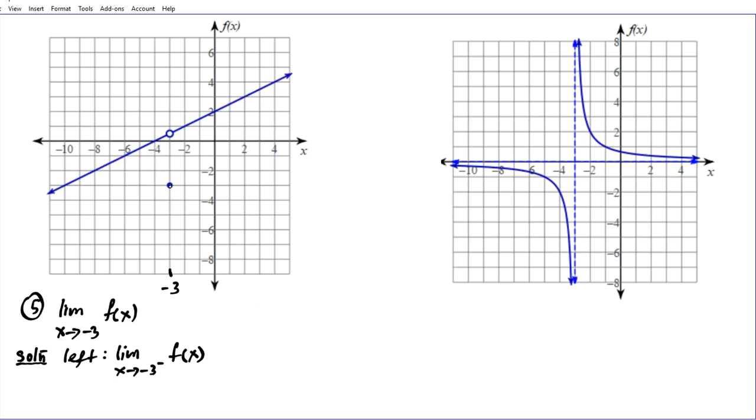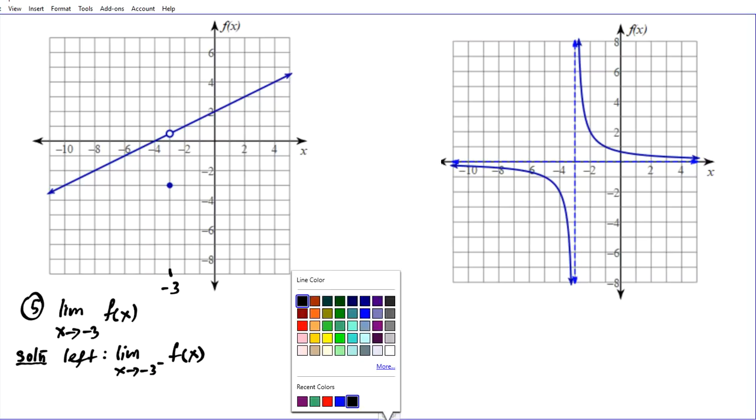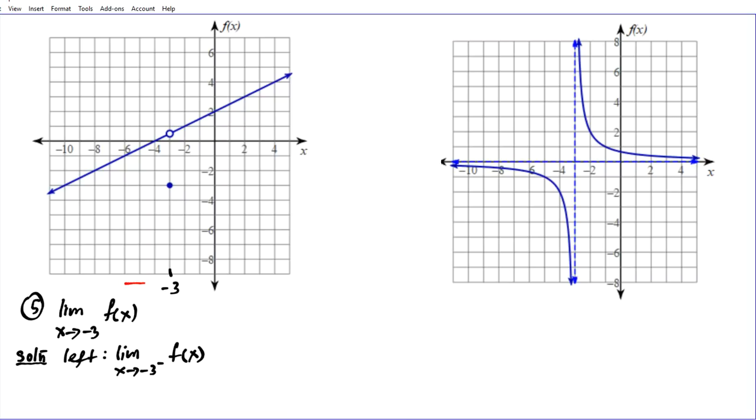Now you know that we have an isolated point here and we have an open point here. We indicated earlier in the notes that you never approach an isolated point. So this is a distractor right here. We're going to be approaching the point that's connected to the graph in the direction that you're coming from. What direction are you coming from? You're coming from the left. That's -3 from the left.